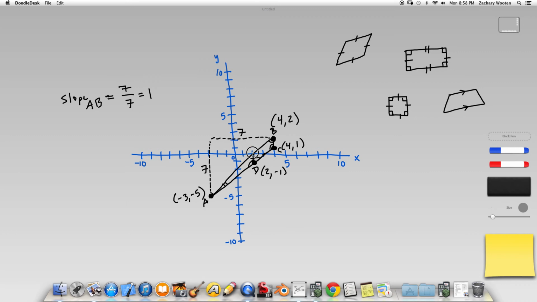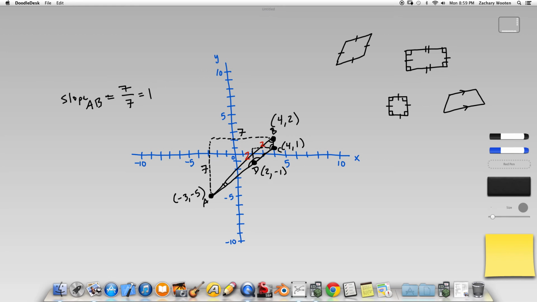Now I just want to look from D to C. We're coming up here and then coming across. I know it's a little crowded here in the drawing, but let's look at the y values. We go from -1 to +1. That's a difference of 2. We're going up 2. And then look at the x values. From 2 over to 4, that's also 2.